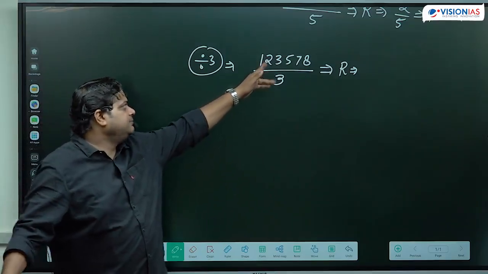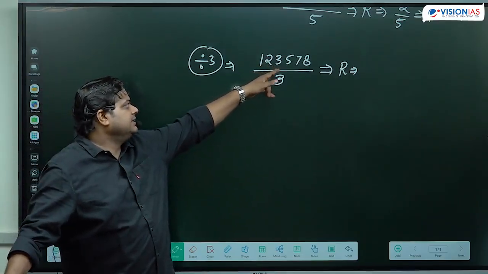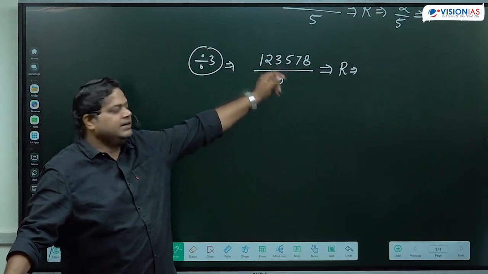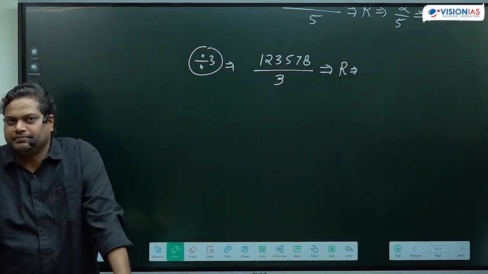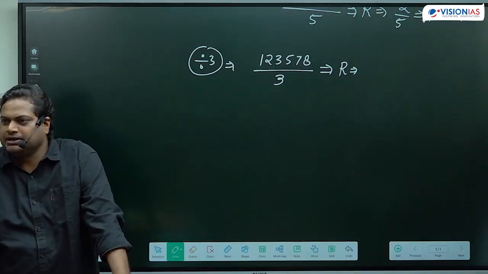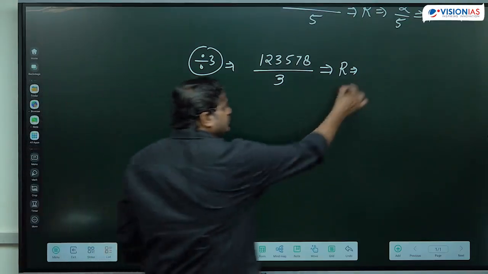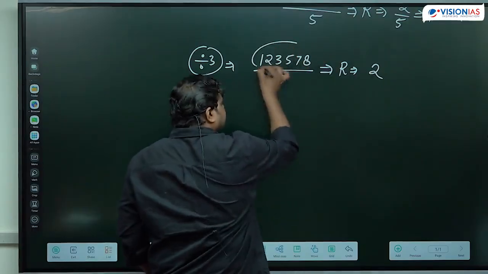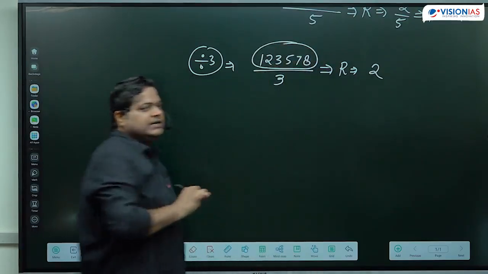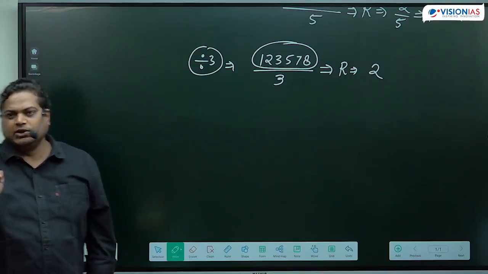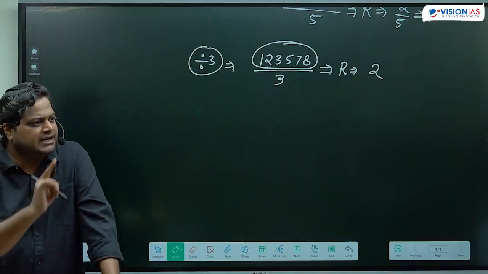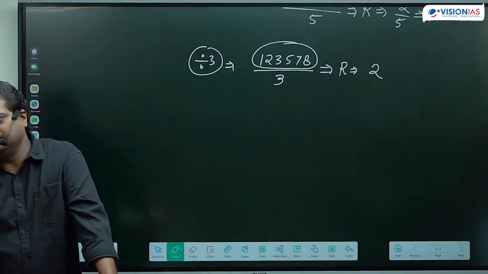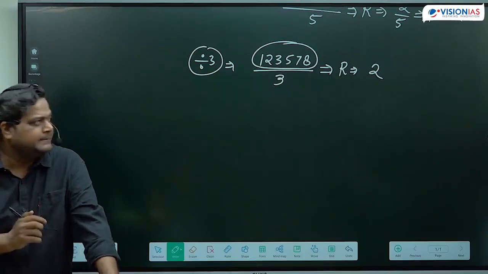So we can take the sum. 2 plus 1, 3, 3, 5, 7, 8. 8 को 3 से डिवाइड करा, what remainder we are getting? 2. तो जो भी सम आ रहा है उस सम को we can divide by 3. और रिमाइंडर्स की पॉसिबिलिटी क्या है? It can come 1 or 2. Only 2 possibility for 3.